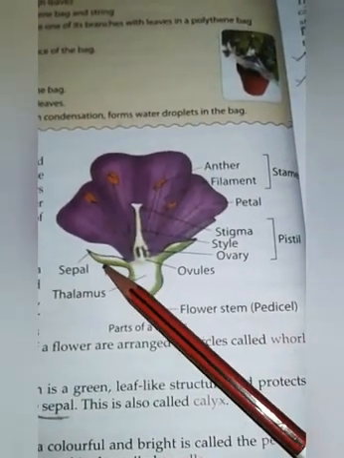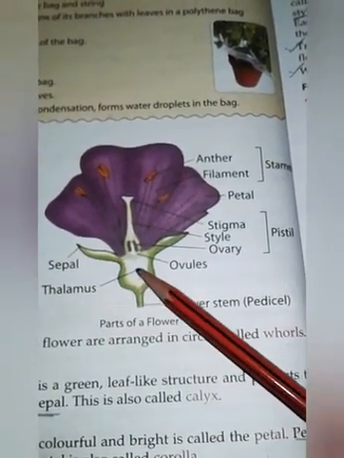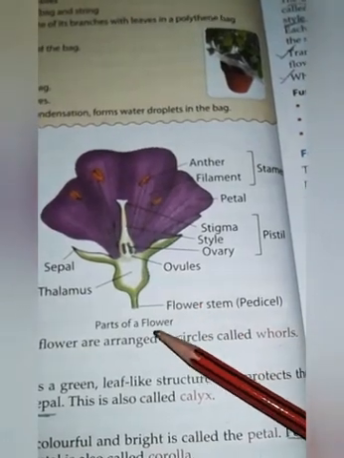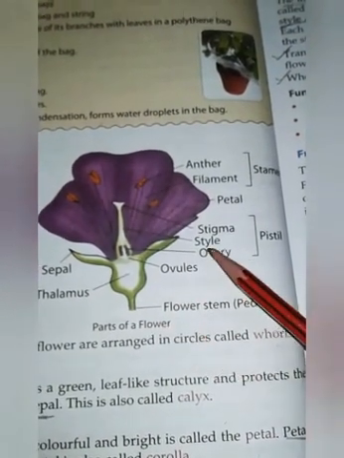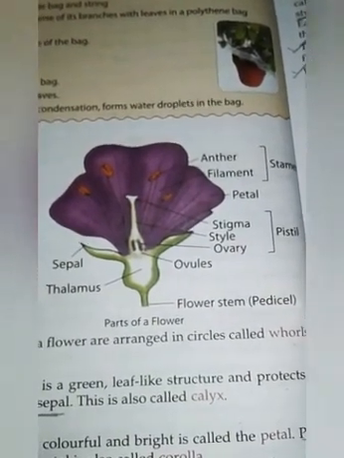Then this green color structure is known as sepal, and this swollen part is known as thalamus, and this is the pedicel. The stigma, style, ovary all are known as pistil.